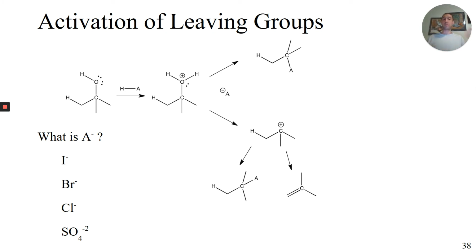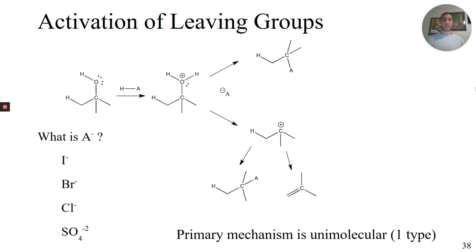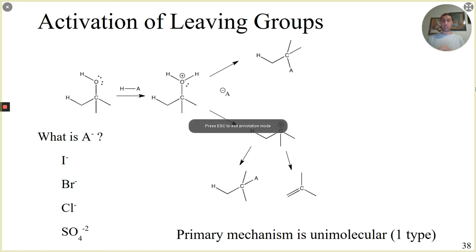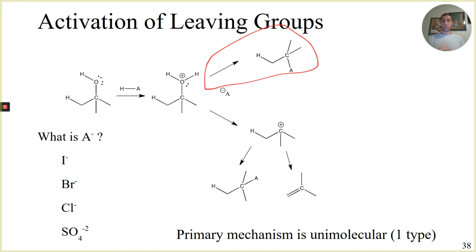Right? We do have to remember dilute acid versus concentrated acid and what those things mean to the presence of these individual reagents, or reactive species, as we move through it. The primary mechanism for these reactions is unimolecular, or the one type. So that SN2 type branch that we looked at up here is exceptionally rare.